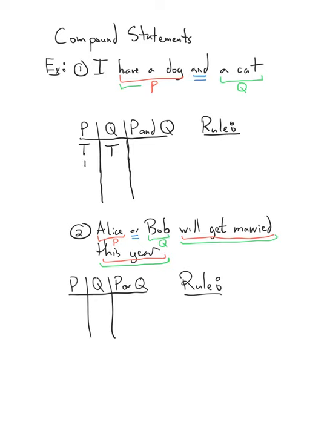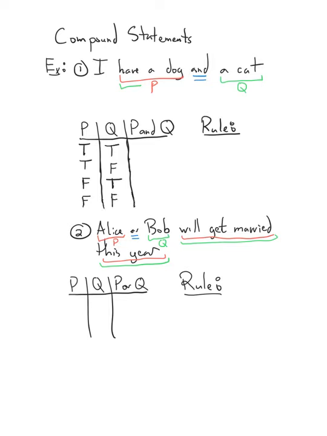Well, maybe I just have a dog and no cat. Or maybe I have no dog, but I have a cat. Or maybe I have neither. So these are all four situations that I can possibly have with these truth values. Both are true, neither are true, or one or the other is true. Both, neither, one, or the other.